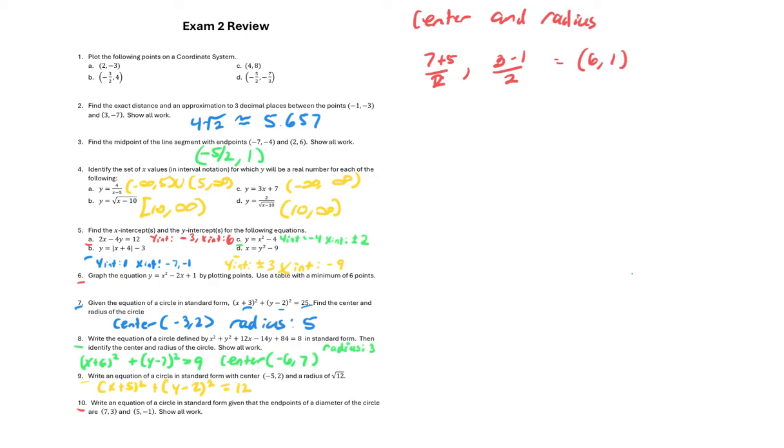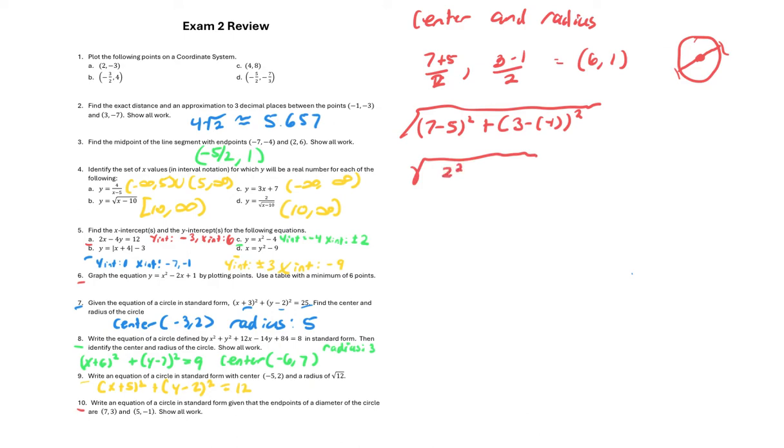And now to find the radius, we need to find the distance between the two of them, but we need to remember that this is a diameter, so once we find that distance, we would need to half it to get the radius. So 7 minus 5 squared plus 3 minus a negative 1 squared. Take the square root of that.